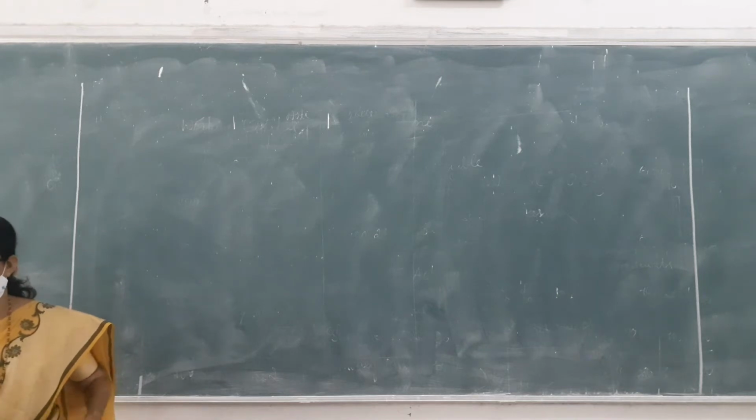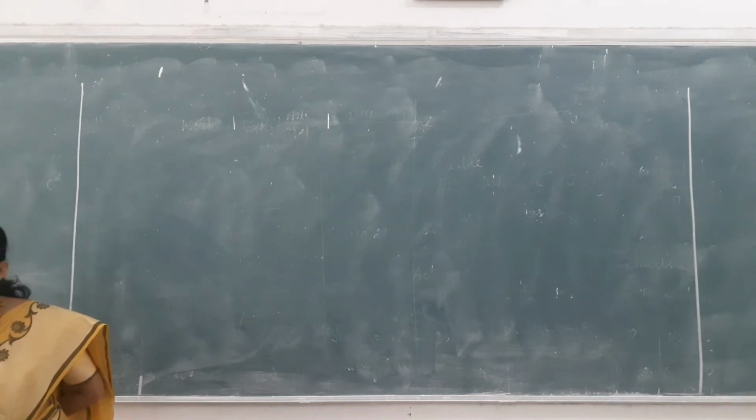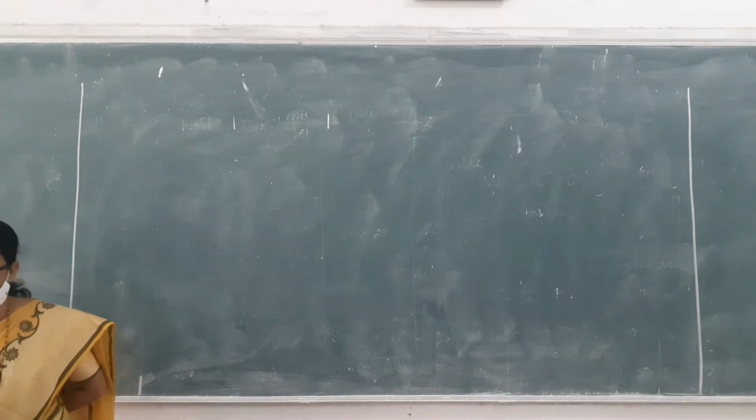So here, first take the heading: computation of taxable amount of HRA, or house rent allowance.